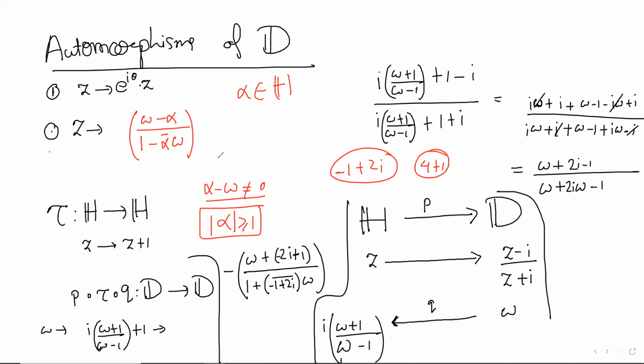And I suppose that norm of this should be greater than 1. Because if it is equal to 1, then it is a constant function, right? And if it is less than 1, then it is not good, because the denominator will become 0 at some point.